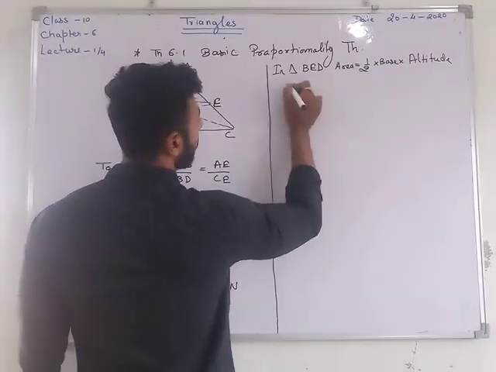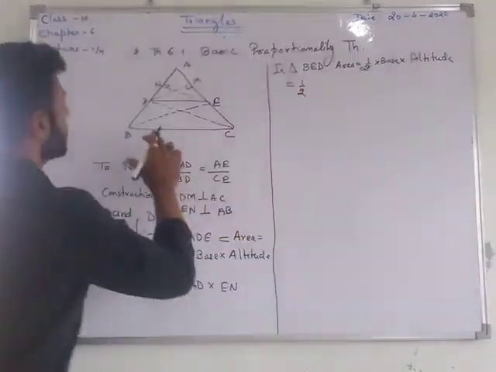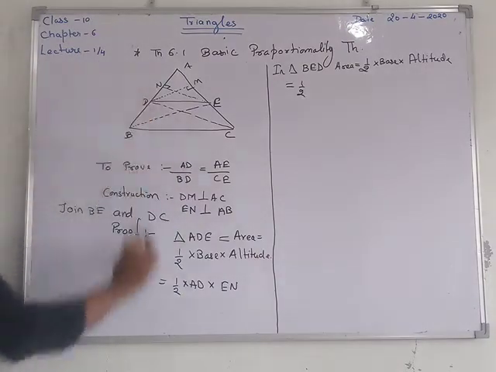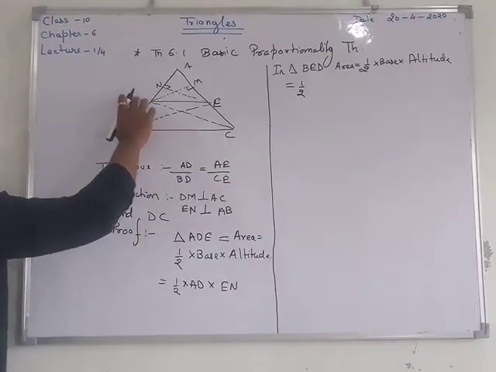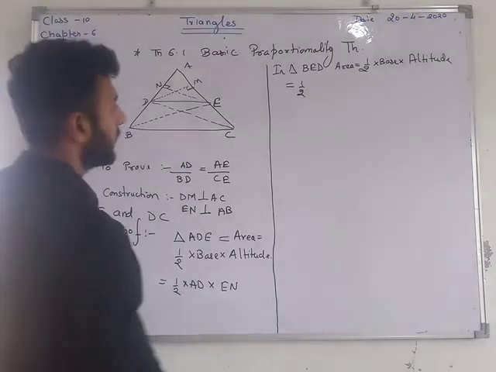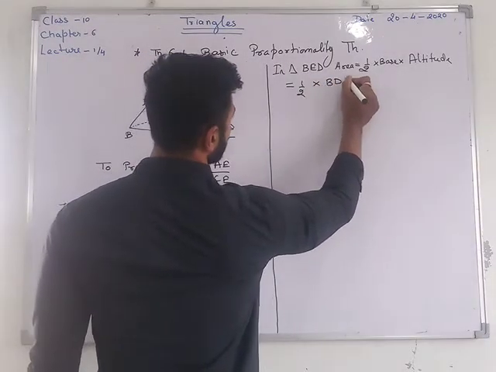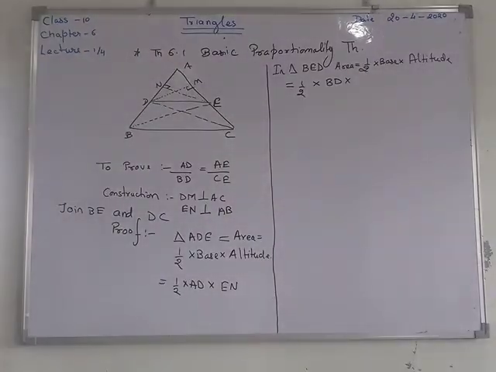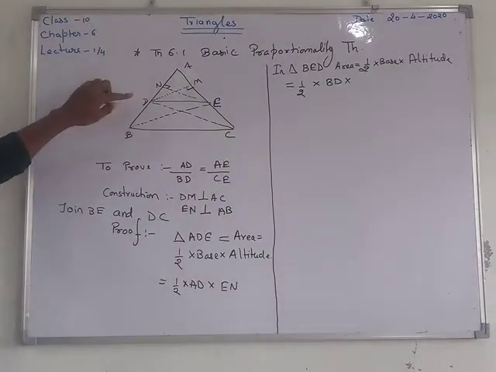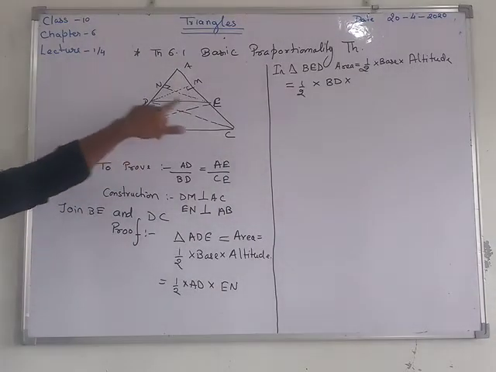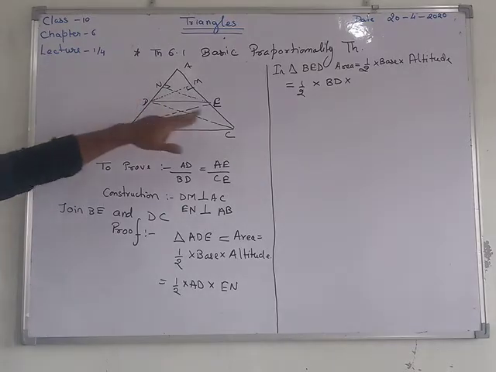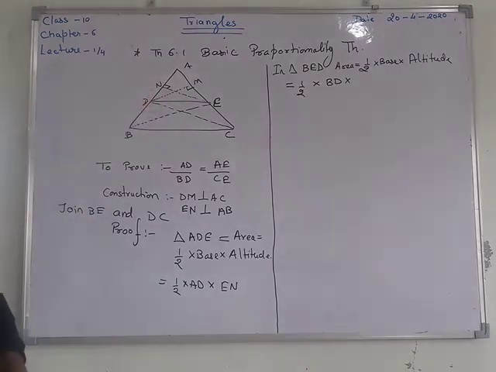Half base is DB, base is DB, into altitude of this triangle BED, which will be the same as EN.